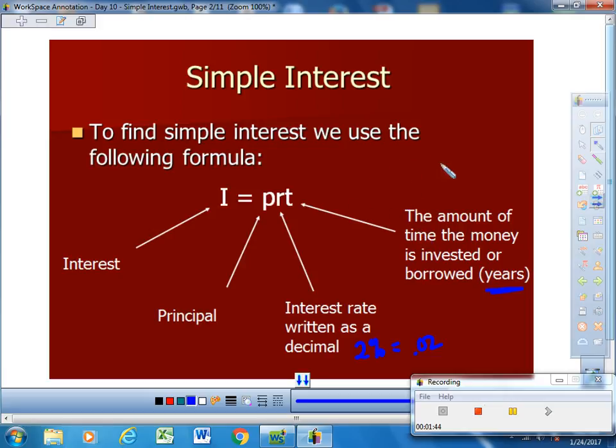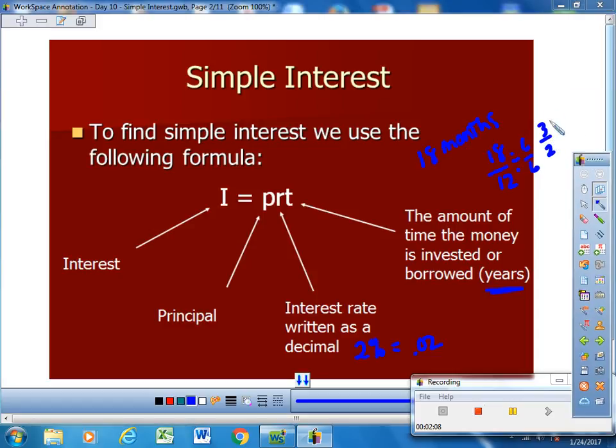So if it says 18 months, you would just say 18 over 12. You can simplify this by dividing them both by 6, so this is 3 over 2. So 3 over 2 is what?